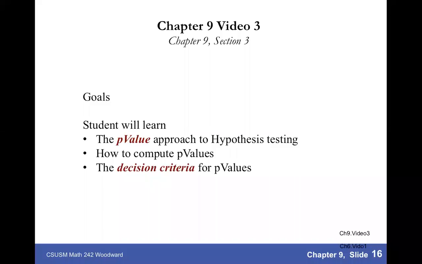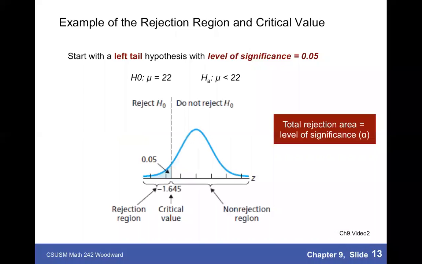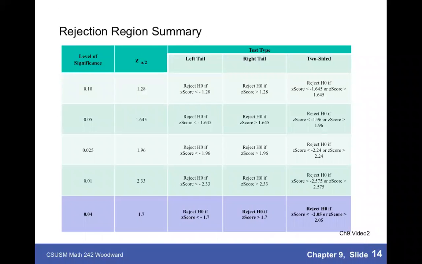And why do you divide it by 2? Oh, you mean for this column? Unfortunately, that looks a little confusing. You need the Z alpha over 2 for the two-sided test.